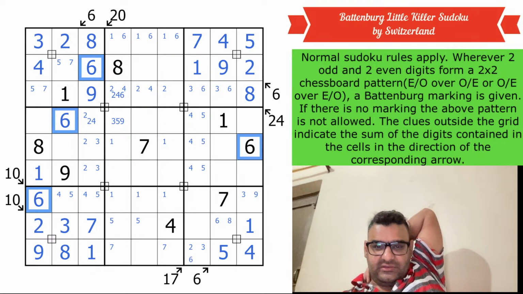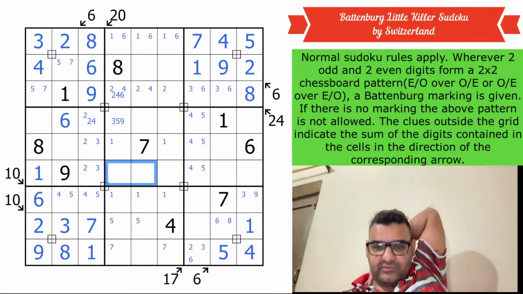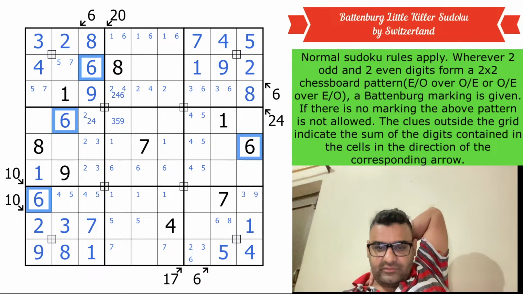In the middle, 6 is there. So 6 cannot be here, 6 cannot be here. These three numbers can have a 6. If we again go to 6, 6 cannot be here. We know 6 in these two, so 6 can be in any of these numbers.